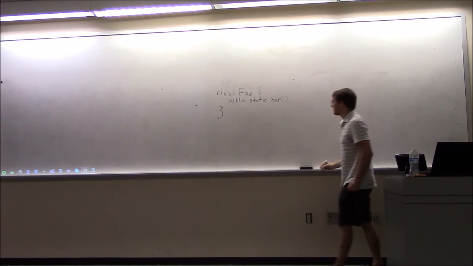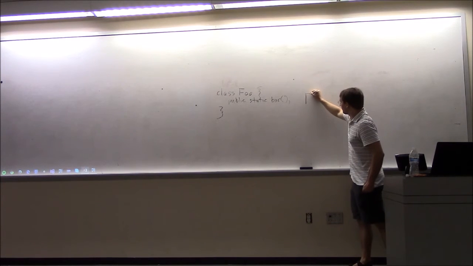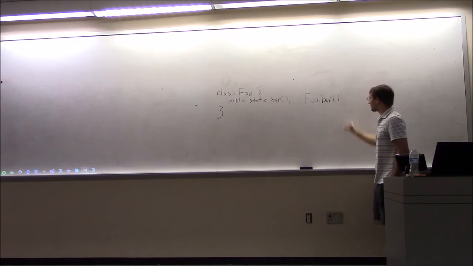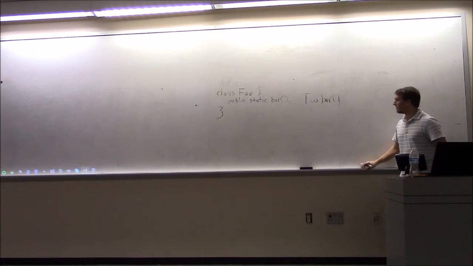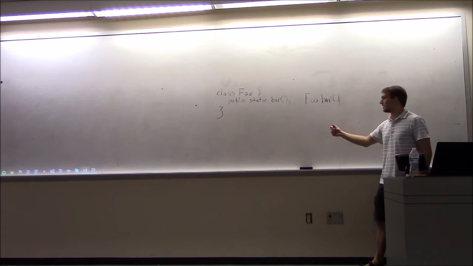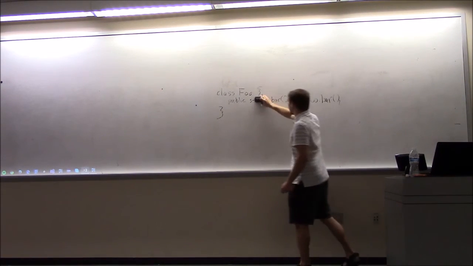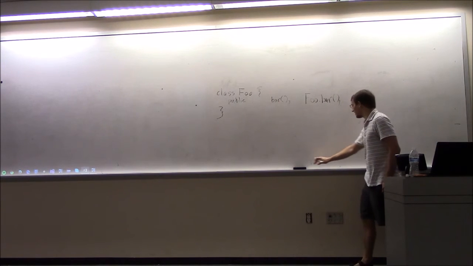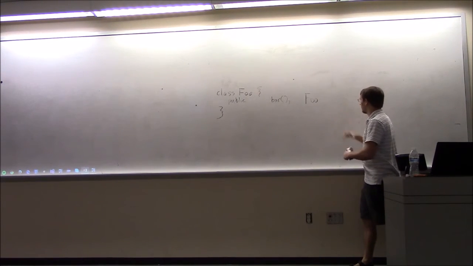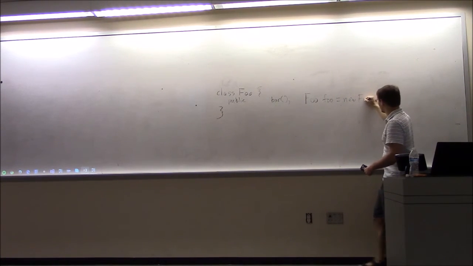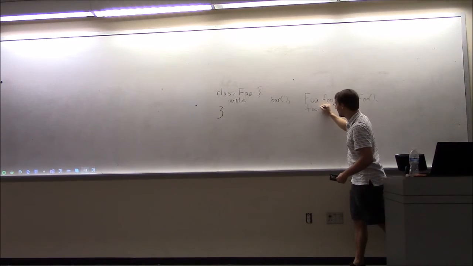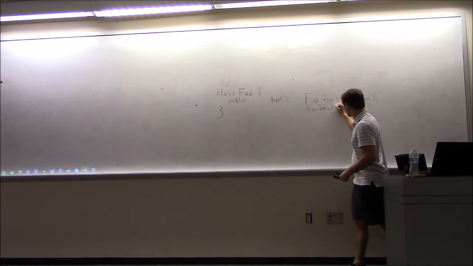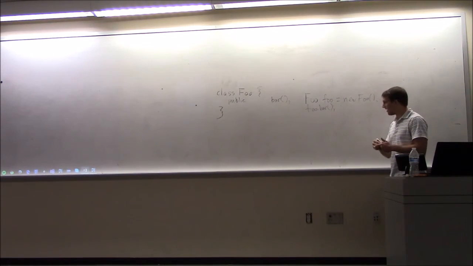The way you would call this is just Foo.bar, and that'll call this function, so you don't need an instance. Whereas if this were not static, you would first need to declare an object of type Foo, so Foo foo equals new Foo, and then you do lowercase foo.bar. Oh, okay. So that's the difference there.